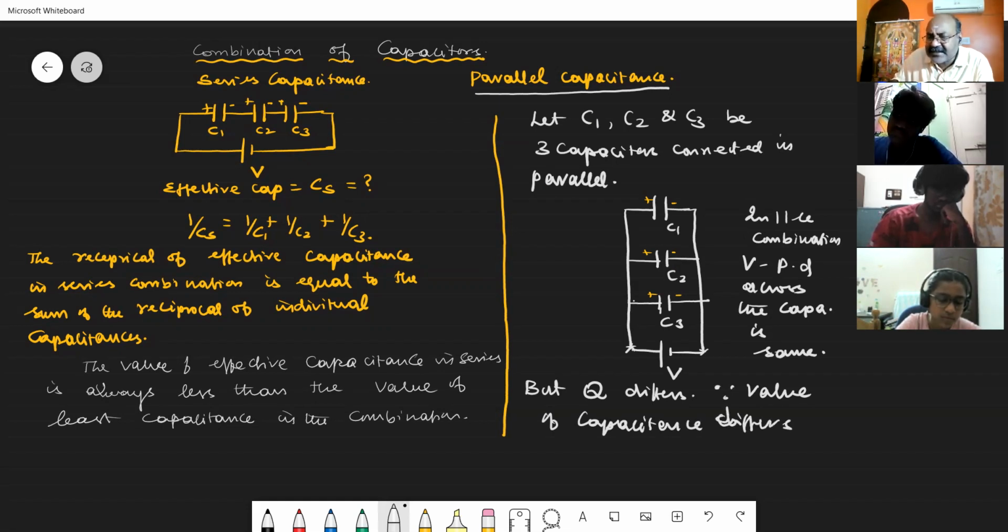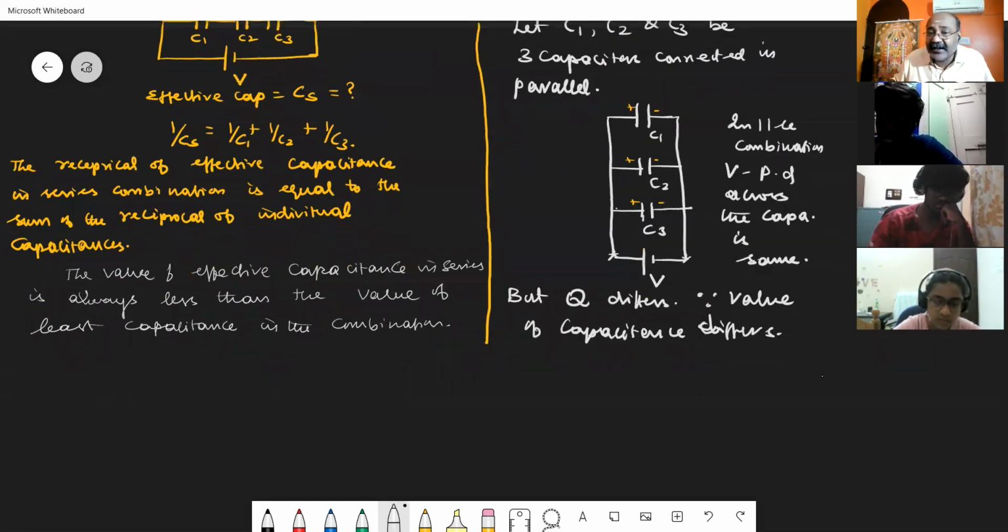If you are considering the capacitors as C1, C2, C3, then automatically we will have different charges because C is equal to Q by V. If you consider C1, then C1 is Q1 divided by V. But Q differs since the value of the capacitance differs.